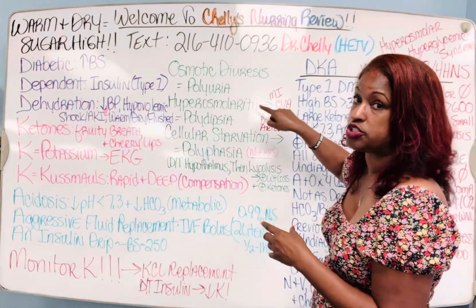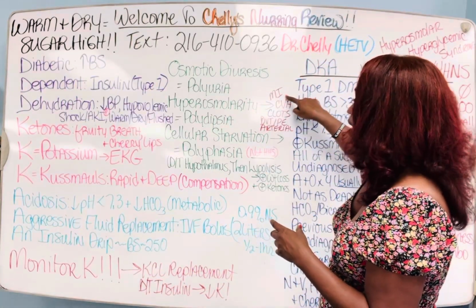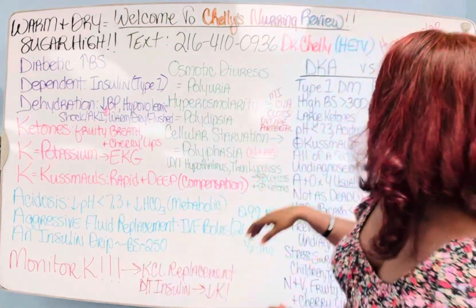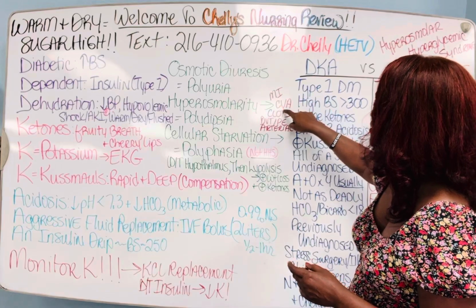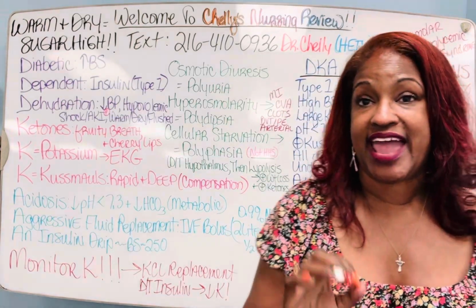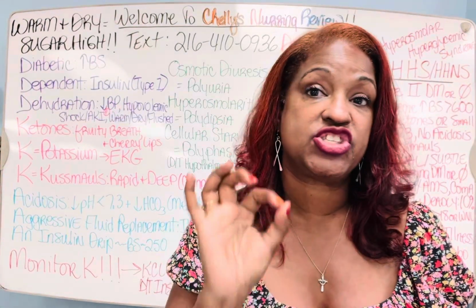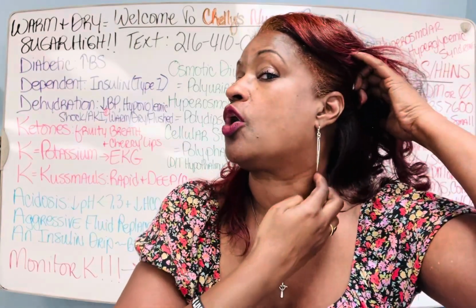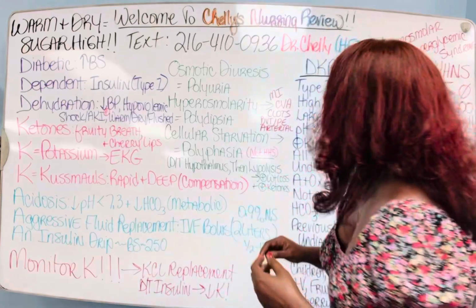Remember that if you were to throw a clot, an MI is a clot in the coronary artery. A stroke or CVA is a clot in the cerebral or carotid artery.